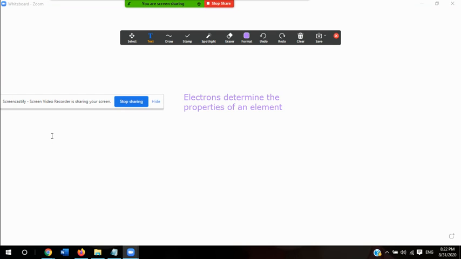It says electrons are considered to be in a cloud that surrounds the nucleus. So, for example, just so you guys have an idea, let's go back to that pretty rustic drawing of the atom.